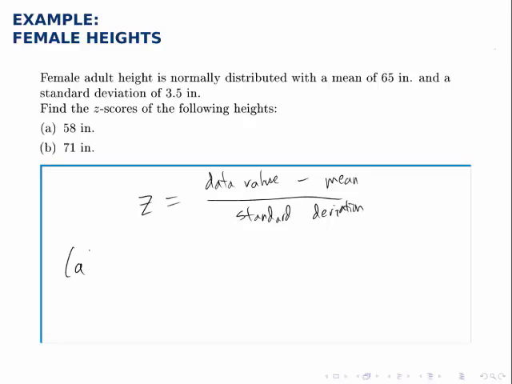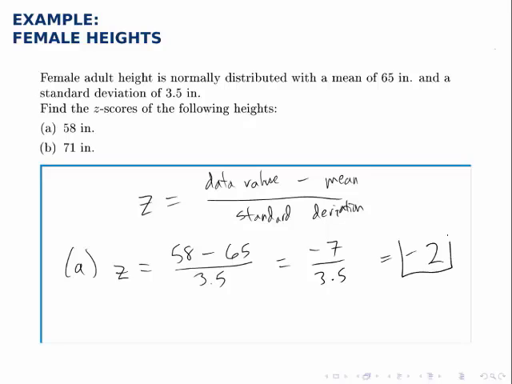For the first example then, to calculate z, we take 58 minus the mean, 65, and divide by the standard deviation, 3.5. 58 minus 65 is negative 7, and that divided by 3.5 is negative 2. So what that means is that first data value is 2 standard deviations below the mean.